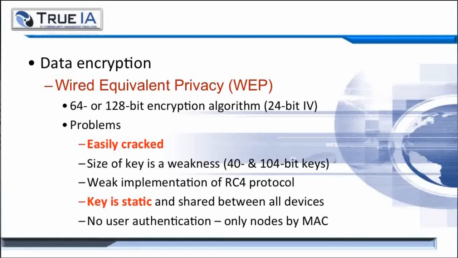The problem we ran into with WEP is it's very easily cracked because the size of the key was the core weakness. It was using either 40 or 104-bit keys, which we know today with modern computers, the work factor to break that key is relatively small. It also used a static key that was shared between all devices, and there was no user authentication. It was only the nodes by MAC address.